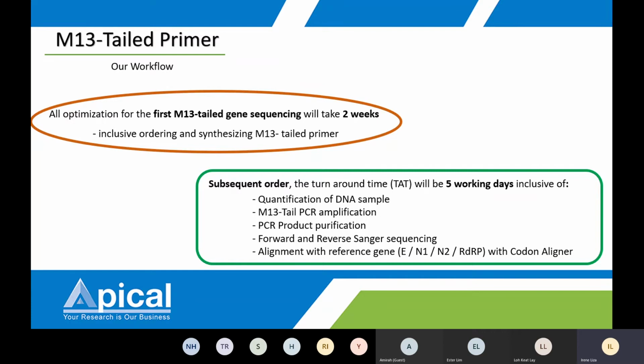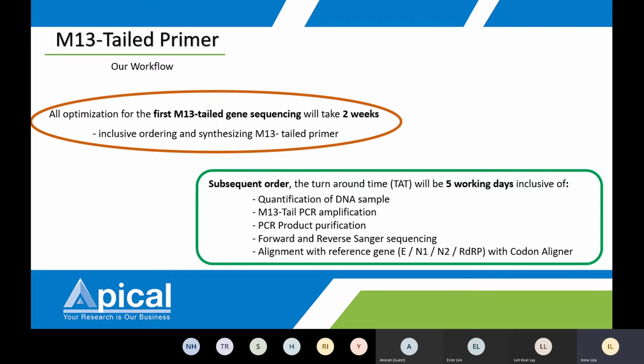So it actually takes approximately 2 weeks. This is inclusive because we also have to order and synthesize the M13 tail with the primer sequence of what you have amplified in your qPCR product.